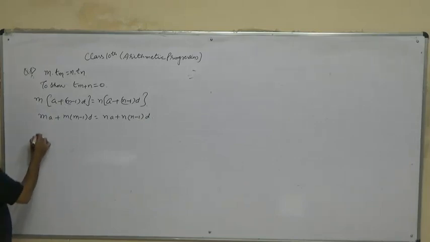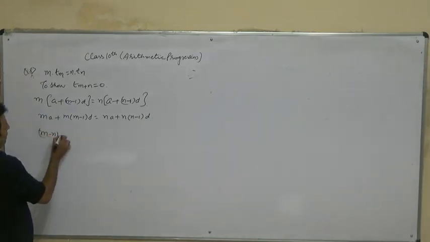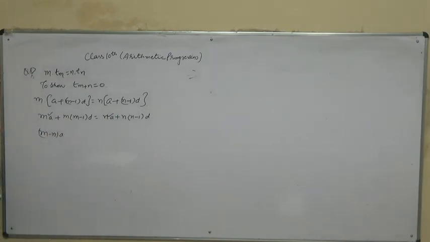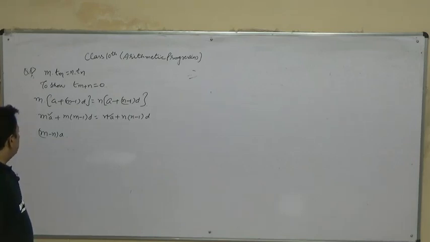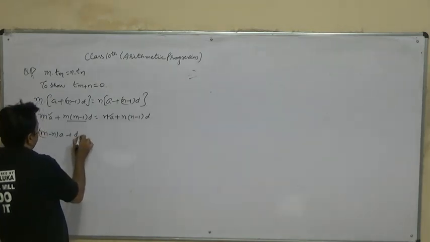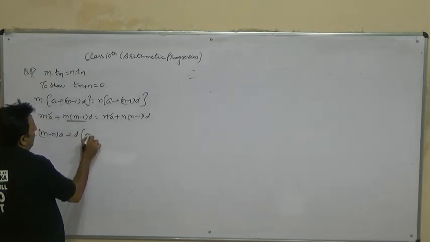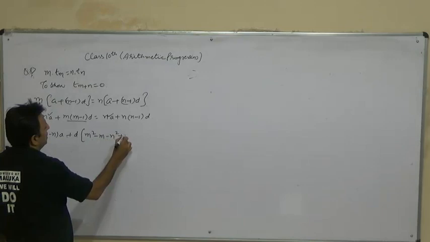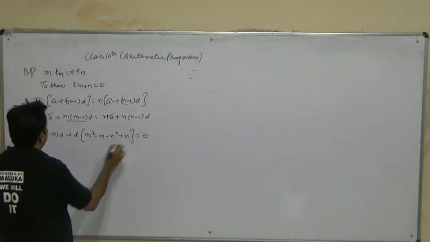So we can write here m minus n into a. These two terms are solved. This we have brought to the left side and then taken a as common. So from these two we take d common, plus d into, multiplying these, m square minus m minus n square plus n is equal to 0.